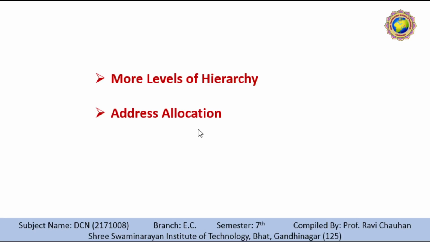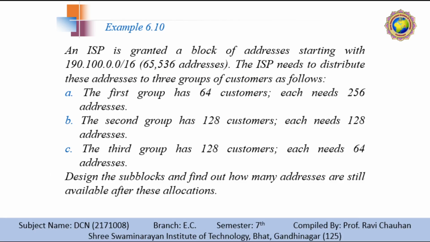Let's have an example for this. An ISP is granted a block of addresses starting with 190.100.0.0/16, which is 65,536 addresses. The ISP needs to distribute these addresses to three groups of customers as follows.